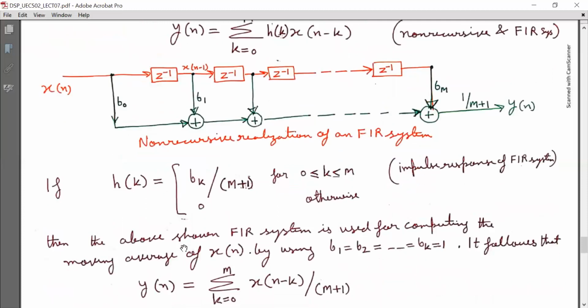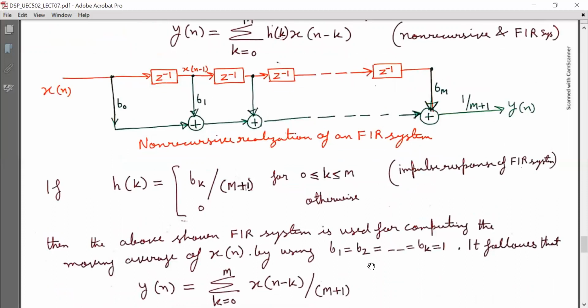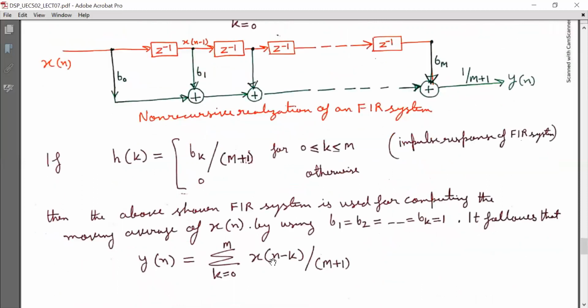Then the above shown FIR system is used for computing the moving average of x[n] by using b0 equal to b1 equal to b2 equal to b_k equal to 1. That is, all coefficients 1. It follows that y[n] is equal to the summation, k running from 0 to M, as b0, b1, b2, b_k are 1. So it is x[n minus k] over M plus 1. So all inputs, present input and delayed inputs, are going to be averaged.